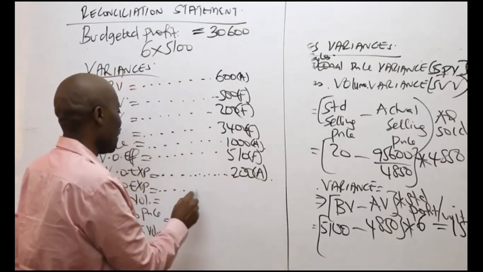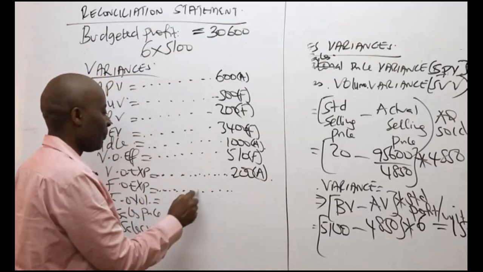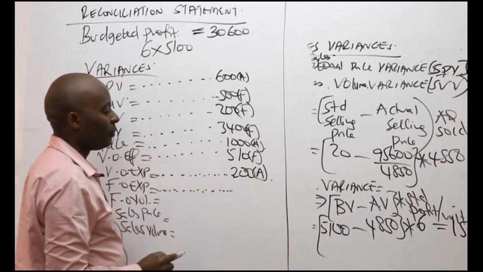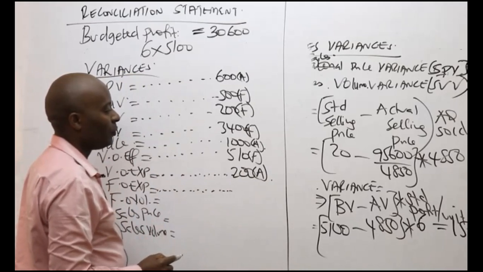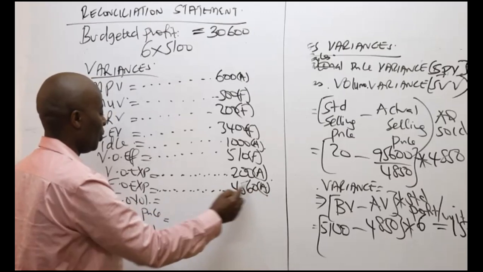So fixed overhead expenditure. 4560 adverse. Thank you.